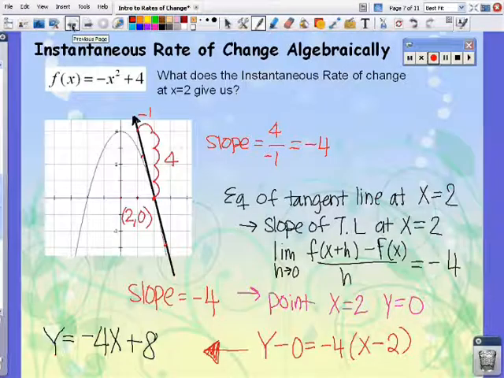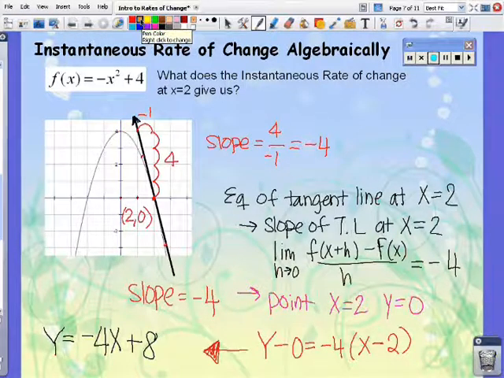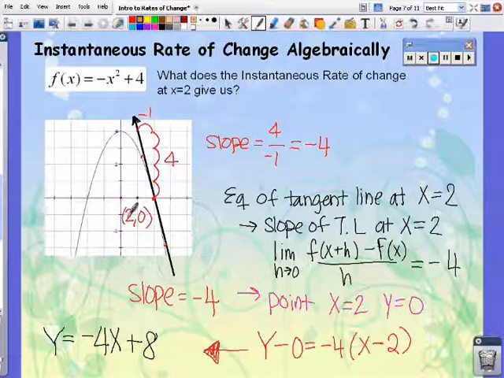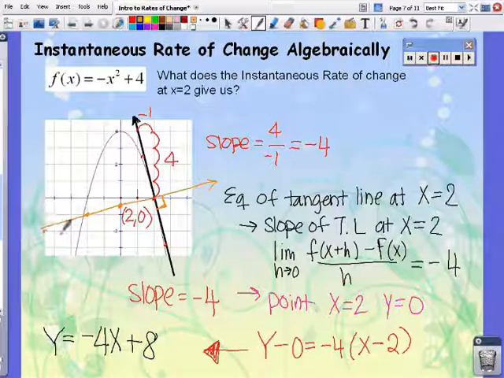If I wanted to make this normal, I could go down 1, left 1, 2, 3, 4. So that would be my normal line. And you can see that the y-intercept is about 1/2, and I was guesstimating, but there's your normal line. So the normal line is perpendicular to your tangent line.